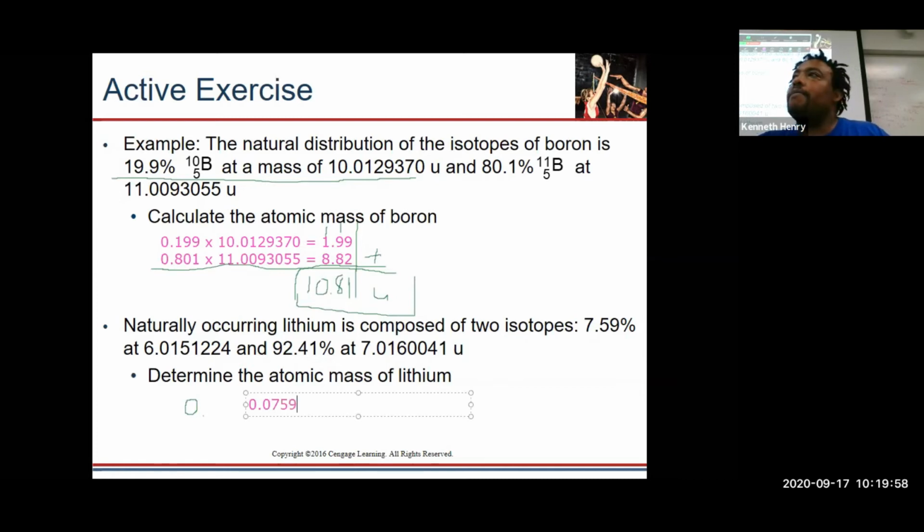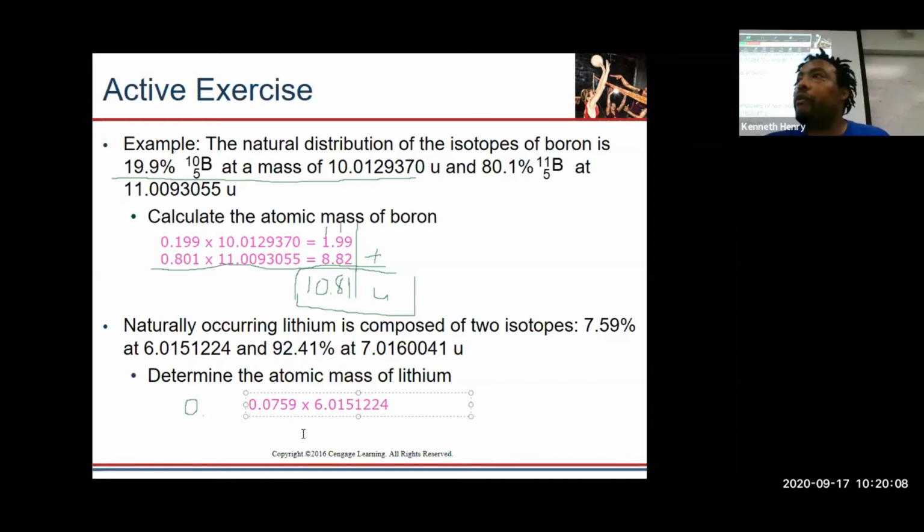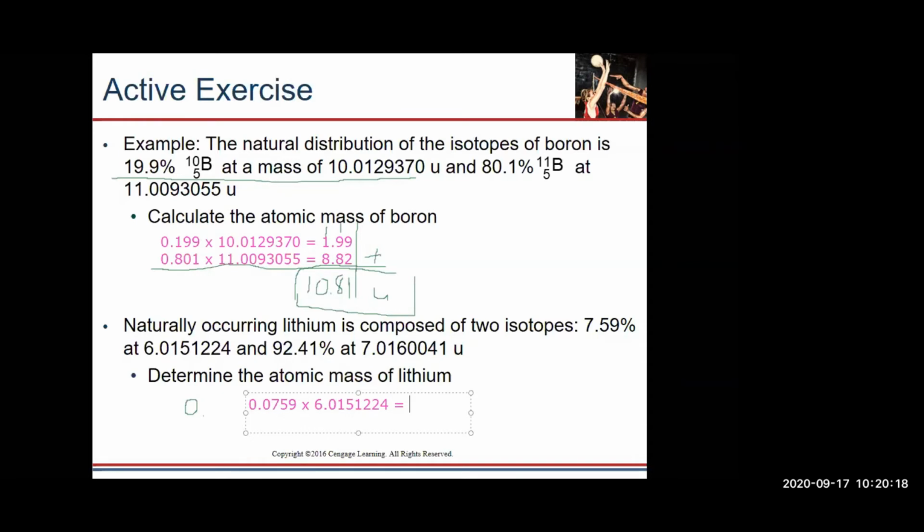Okay, and that equals how many sig figs? 3 is the correct answer.